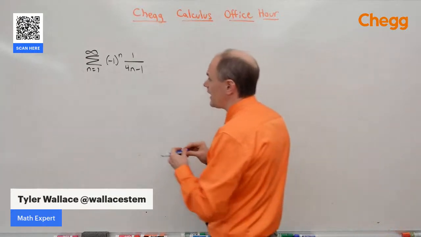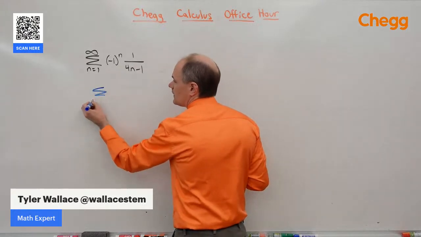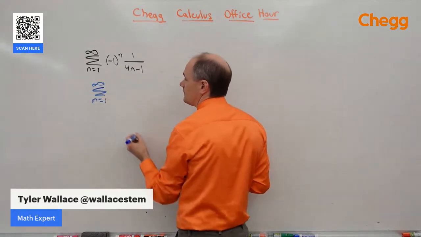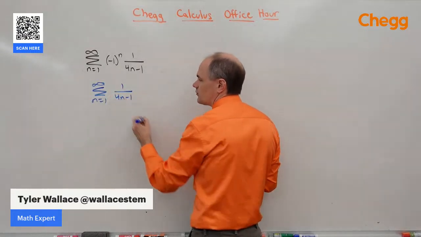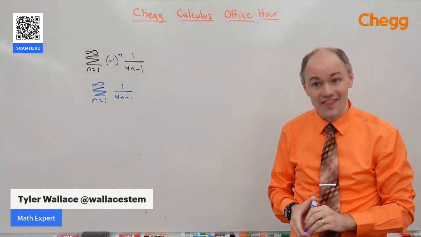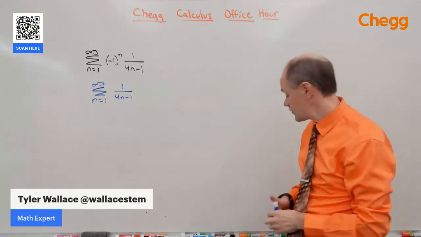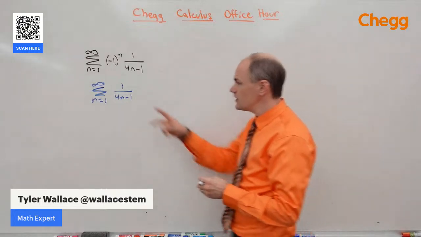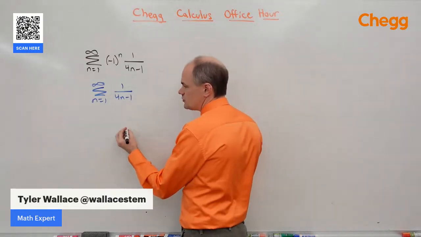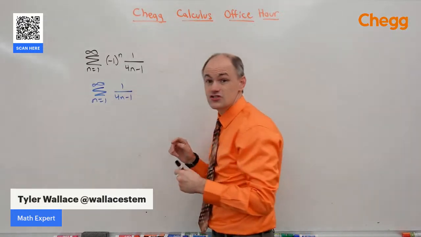So let's look at the sum as n goes from 1 to infinity of 1 over 4n minus 1 and try and decide if that converges or diverges. Hopefully it converges. Well, this is really similar to 1 over n, which is the harmonic series.